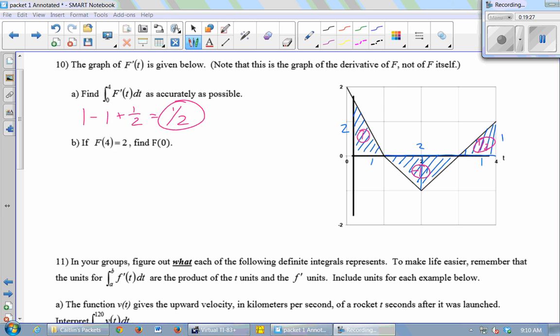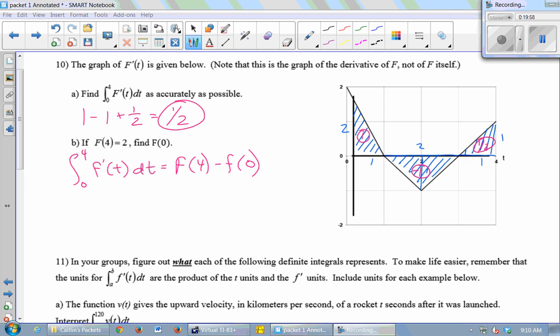Everybody get 1/2? Okay. So now, if f of 4 is 2, we're supposed to find f of 0. And we're going to use the fundamental theorem of calculus to figure this out. So we know that the integral of a rate of change is equal to the total change. So the integral from 0 to 4 of the derivative is equal to f of 4 minus f of 0.